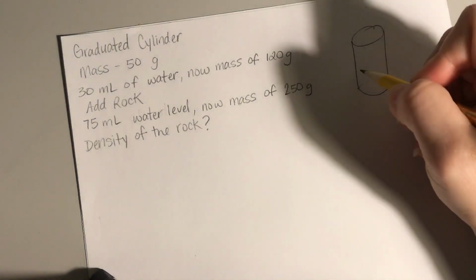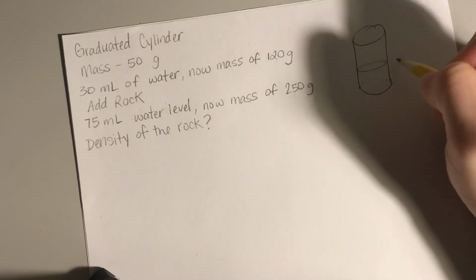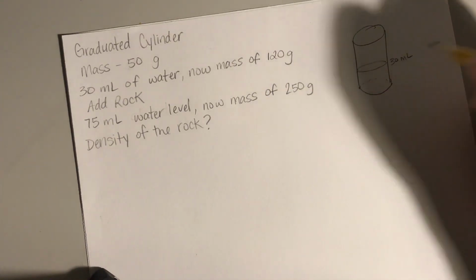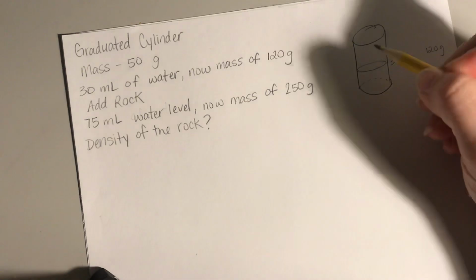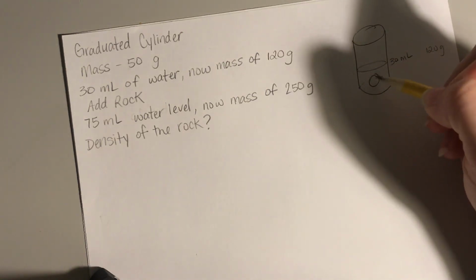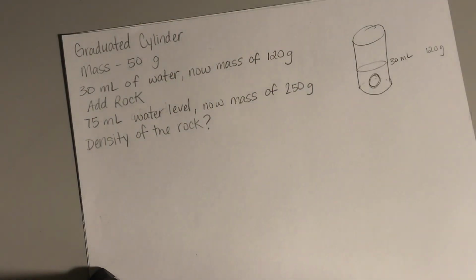Okay. When 30 milliliters of water are poured in, right here, there's now a mass of 120 grams. Then you add a rock to it. If you guys fill up a bathtub all the way, and then you get in the tub, it's going to overflow.